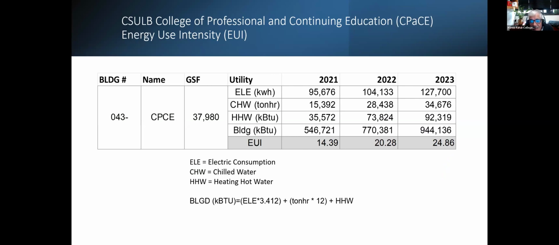If you look at the electricity, it increased initially; the building opened in 2021, and for the first year the occupancy was not as significant. So 95,000 kilowatt hours of energy for electricity, 15,000 plus for the chilled water used to cool the building, and then about 35,500 kBtu, British thermal units, used for heating the building using hot water.